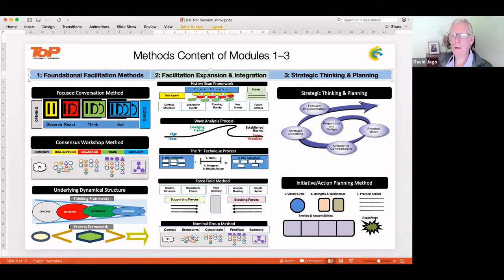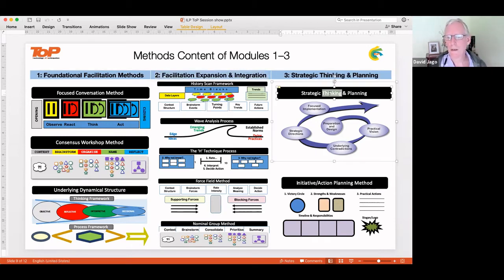Where might we go? And how might we start to move on that? So probably best not to spend too much time. We can talk about the other ones offline if you want, but the point is applying the basic tools to different frameworks, and then applying them to strategic thinking and planning.